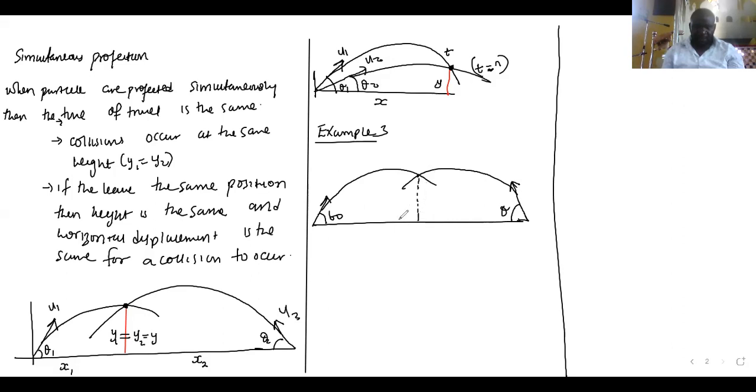Where they are colliding, this one will have traveled x1, this one will have traveled x2. The distance between the two particles is 100 meters. They want us to find the time of collision. What is the initial speed of? This is P, this is Q. What is the initial speed of P?